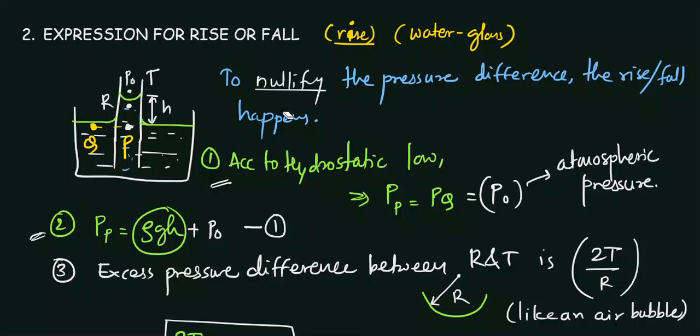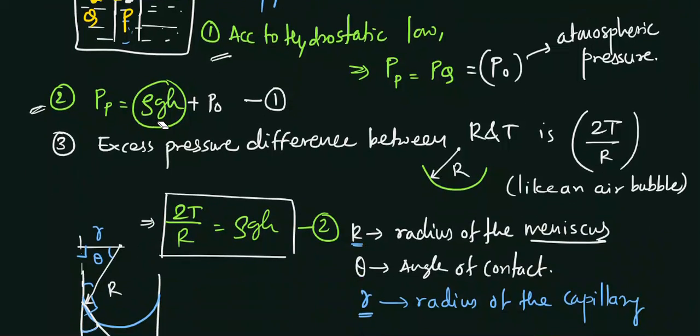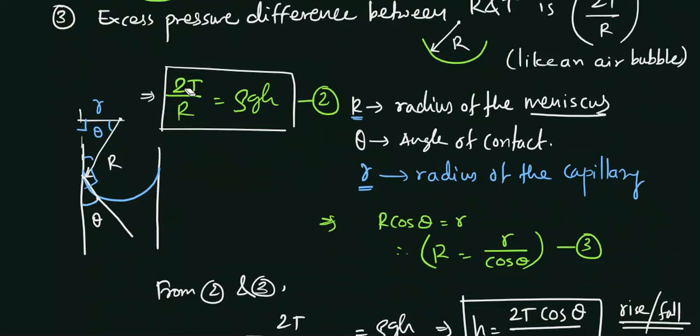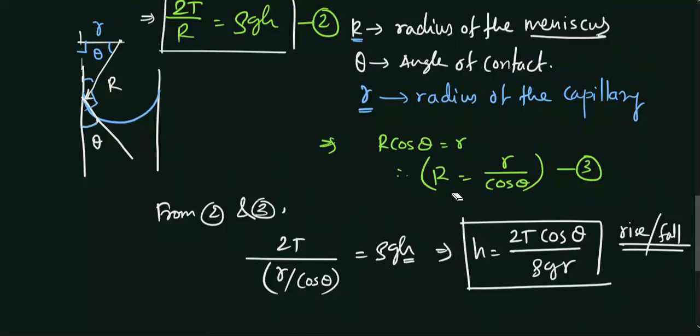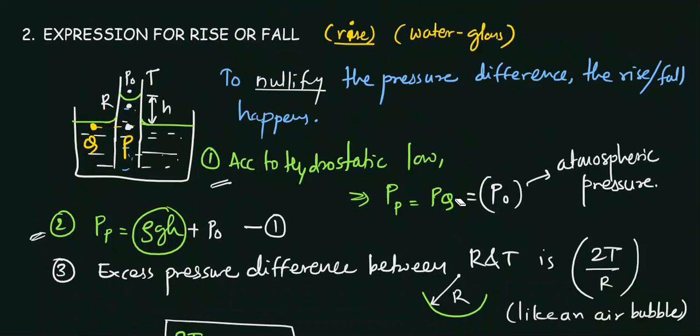And whatever the rise or fall is, that pressure difference, rho gh, will be equal to 2T by R. That will be the excess pressure. So equating them and putting R is equal to r by cos theta, we write this expression. That's all. This is called the expression of rise or fall using the pressure method.